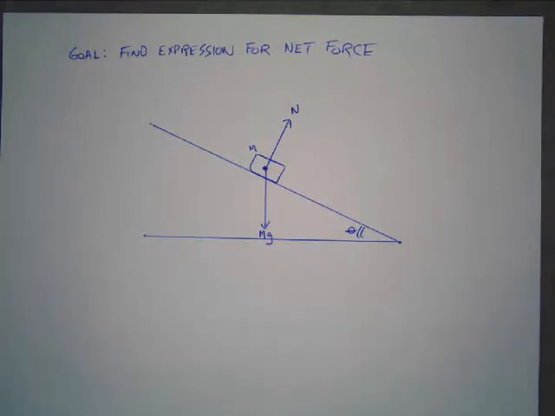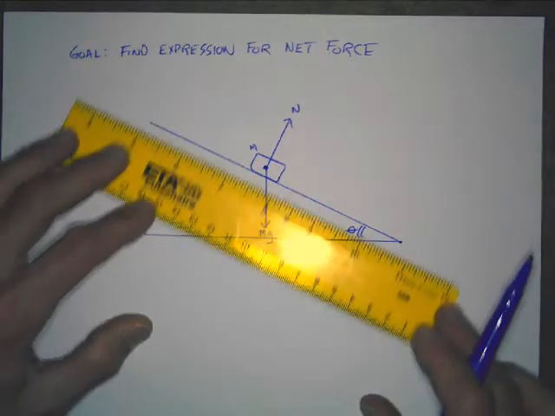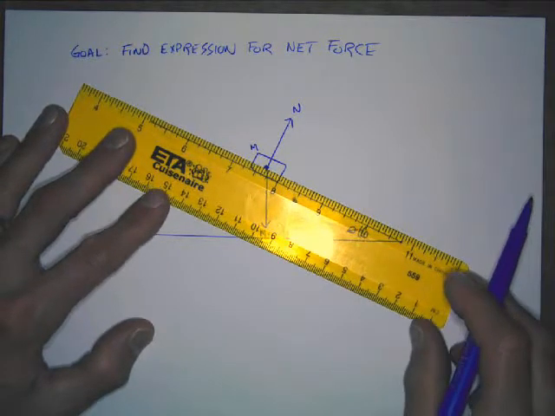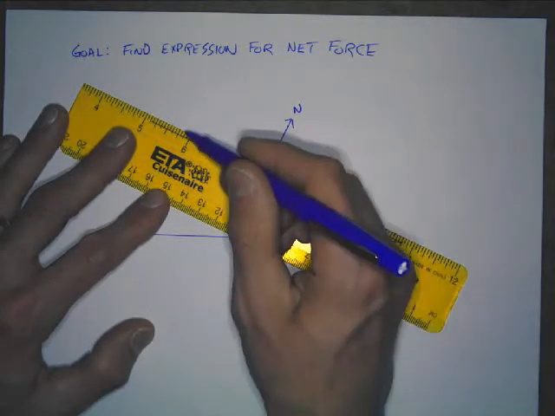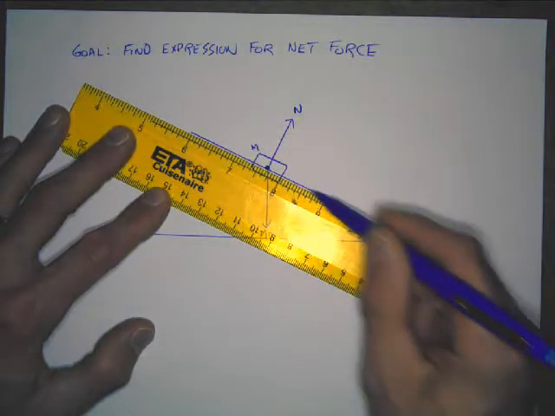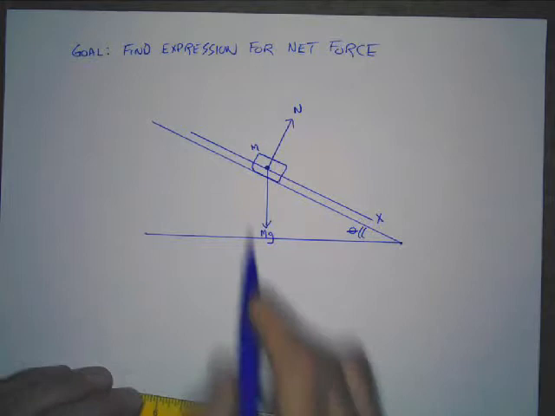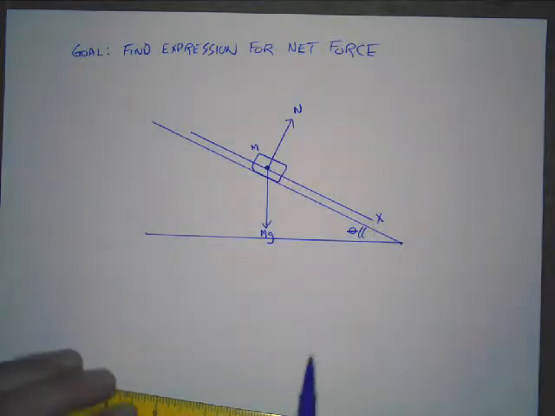So the question is how do you get that? How do you figure out what the expression is for that force? The thing to do is to recognize that the object is going to move in the direction of the incline. And so it would make sense for us to draw an axis, like an x-axis, that goes right through the object center and is parallel to that incline.